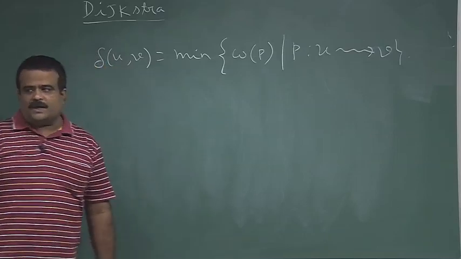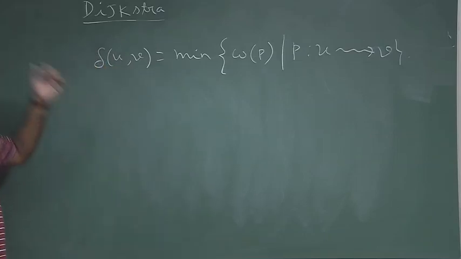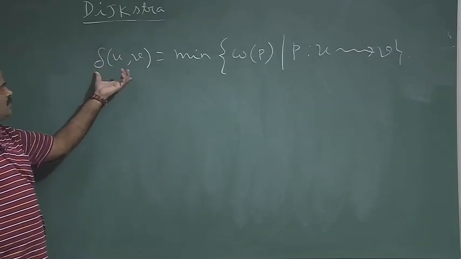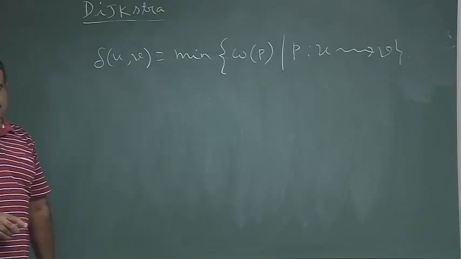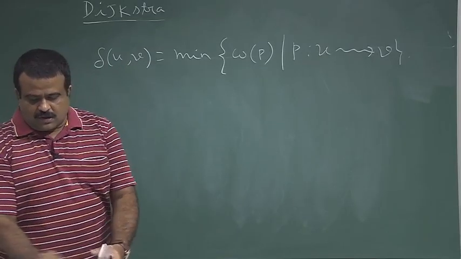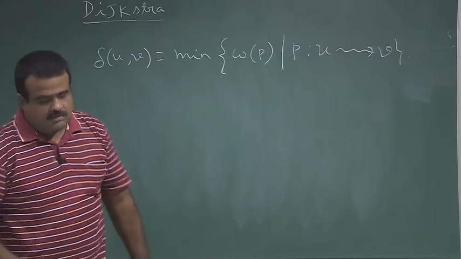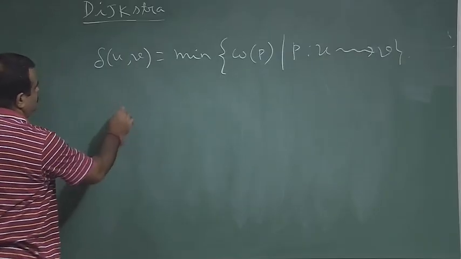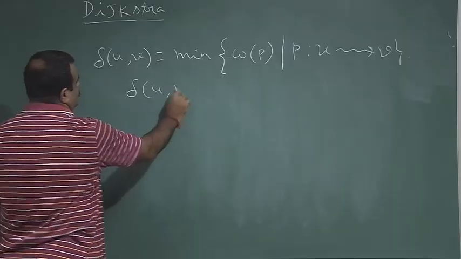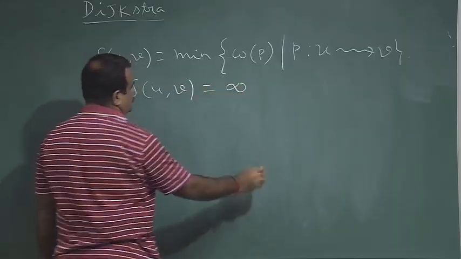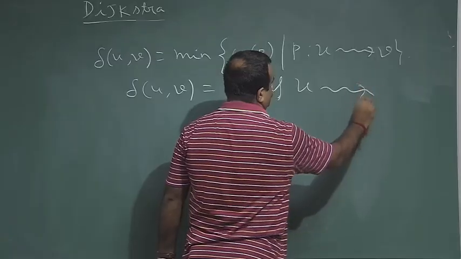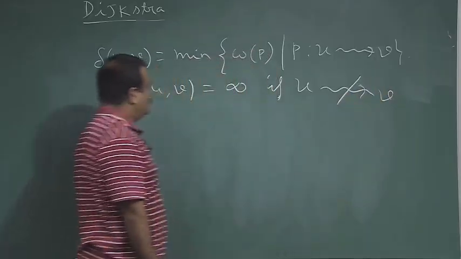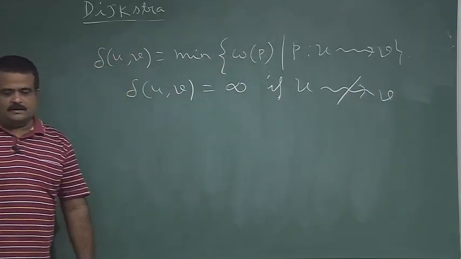So, we consider all the paths from u to v. Whichever is the minimum, that path we take, and the weight of that path is denoted by delta(u, v). If there is no physical path from u to v, then we say delta(u, v) is infinity, and no shortest path exists.